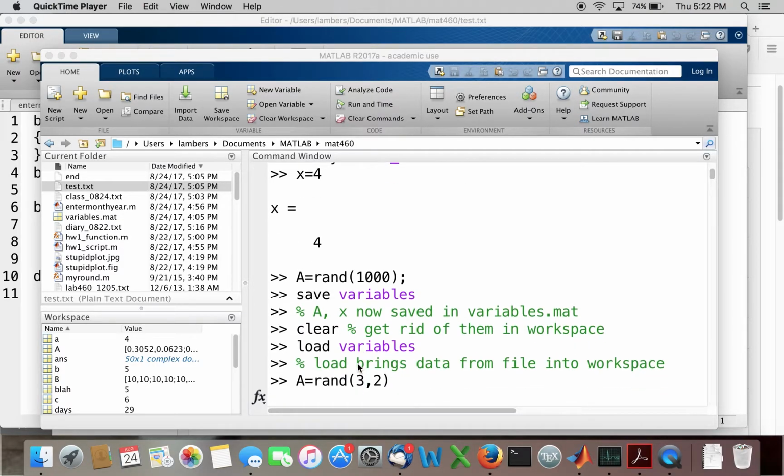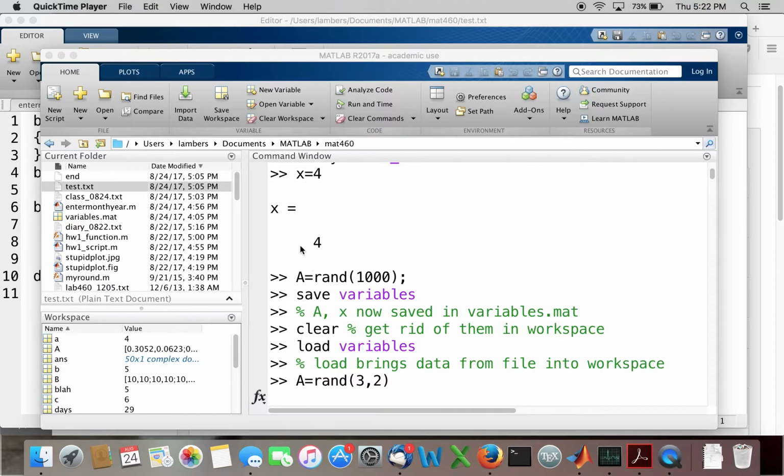Then if I type clear, those variables would disappear from the workspace that we see over here. And then I can use the load command to load those variables back into the workspace. When I typed clear earlier, everything disappeared. I typed load again, and then these variables x and a were brought back.